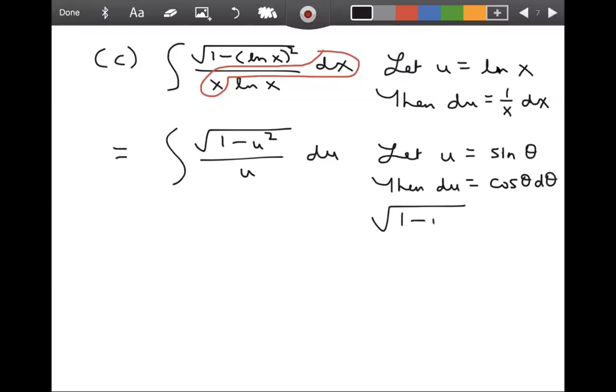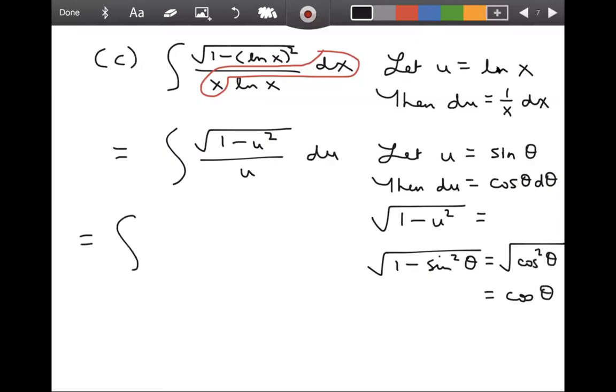And the square root of 1 minus u squared is the square root of 1 minus sine squared theta, which is the square root of cosine squared theta, which, because of the restriction that we're assuming on theta, is just going to be cosine theta. All right, so I think we have everything we need. The square root of 1 minus u squared is cosine theta. u is sine theta. And then du is cosine theta d theta.